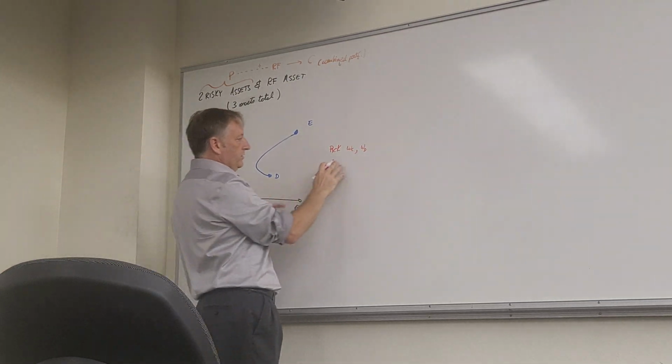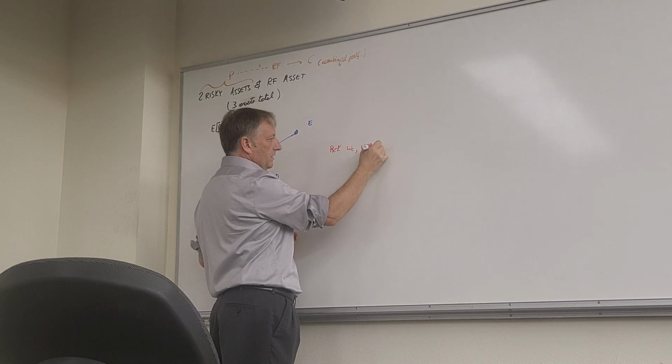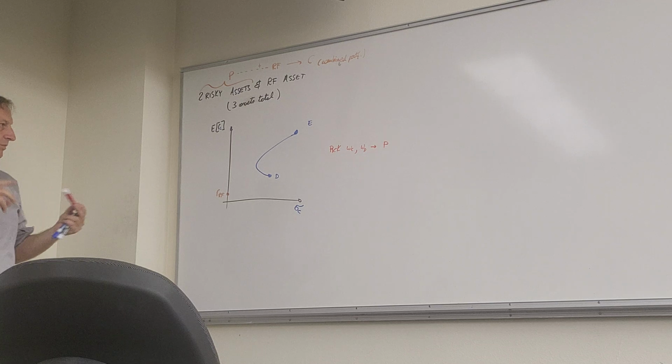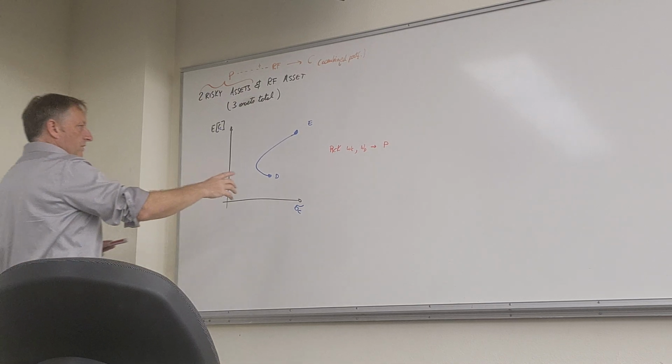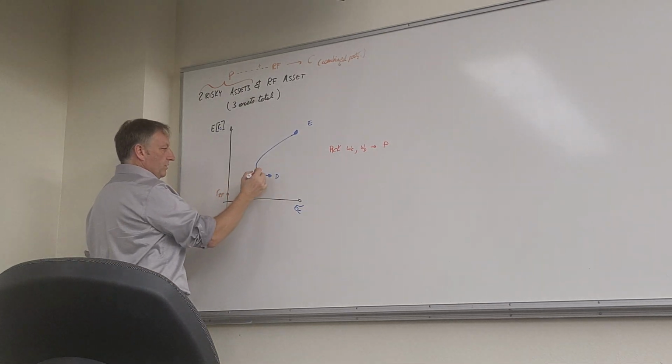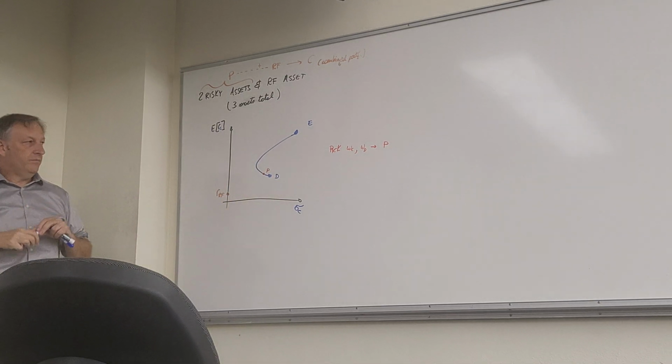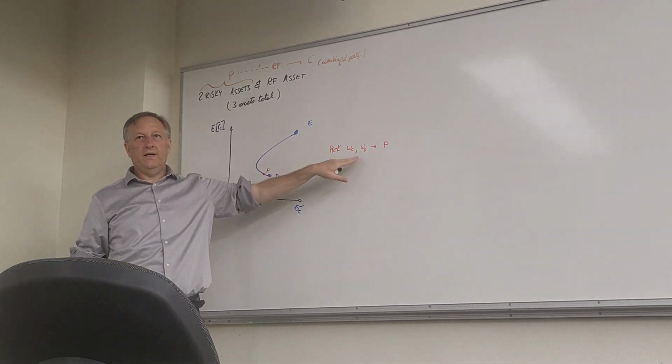If I combine only those 2, I get some portfolio P. Do you agree with that? Based on the weights I pick, using those formulas right here, I can calculate the corresponding levels of risk and return. So let's suppose I create this portfolio P by choosing 2 values here.